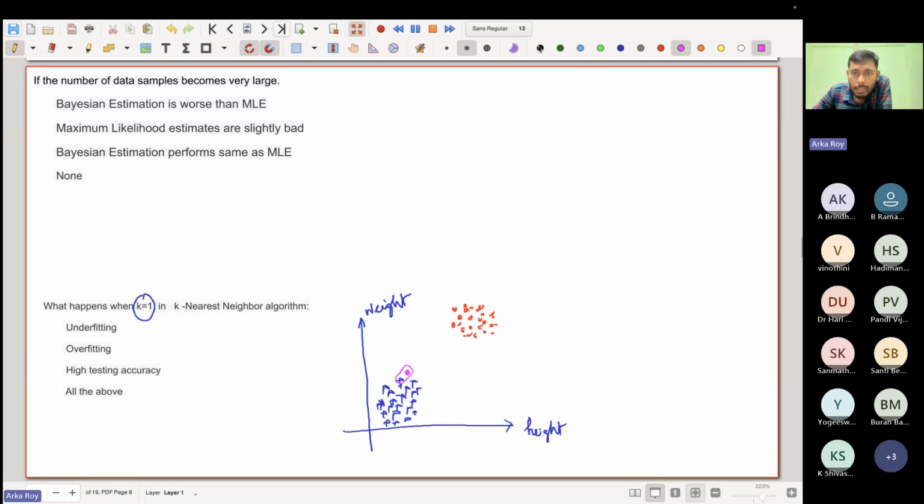So for these sort of cases where the new data point has similar properties as the original training data set, there you will be able to classify it very well. But as we already have seen, let's say you have an outlier. So these are for dog and these are for cat. The original true class is, let's say, dog.